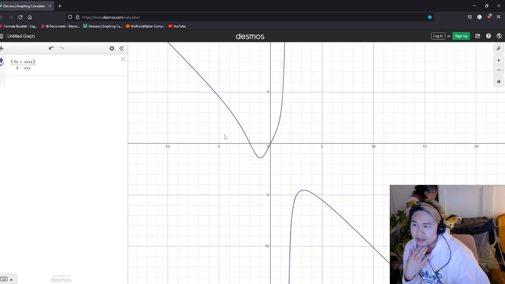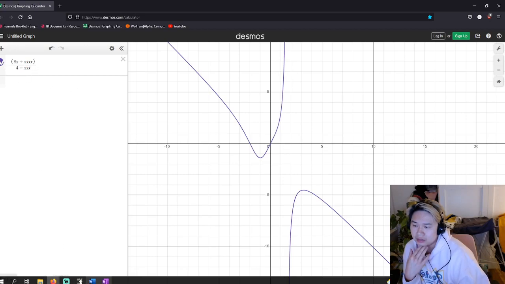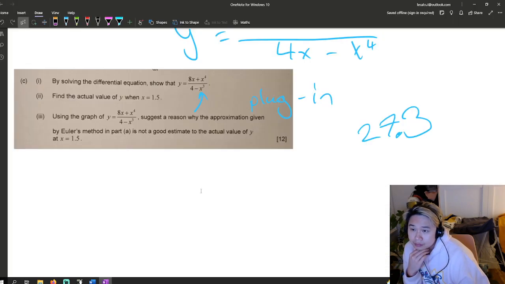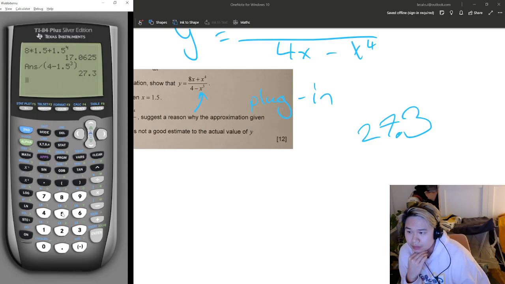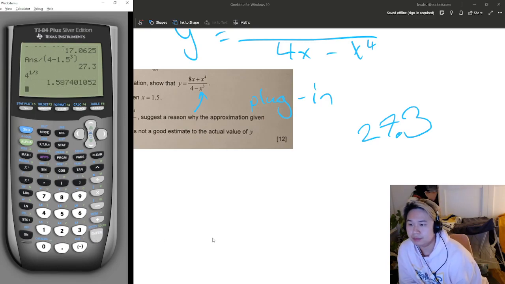It has a vertical asymptote, and its vertical asymptote is at the cube root of 4. What is the cube root of 4? Ah, that explains things. Okay.